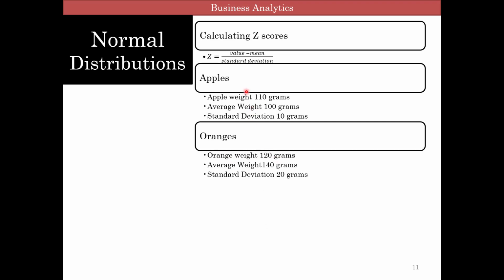Oranges weigh, let's say you're taking an orange. You go to the grocery store, you take an apple, that's 110 grams. You take an orange, that's 120 grams. And you say, hey, my orange is heavier than the apple, but you really can't compare apples to oranges, right?